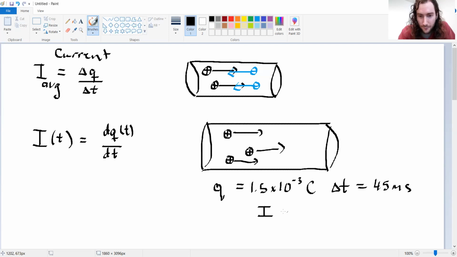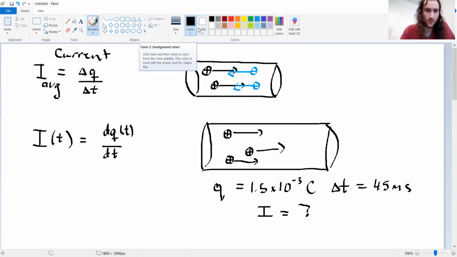How much current do we have flowing in the wire? Okay, go ahead and calculate that real quick. Very simple example here, just to get us warmed up so we're ready to do examples.